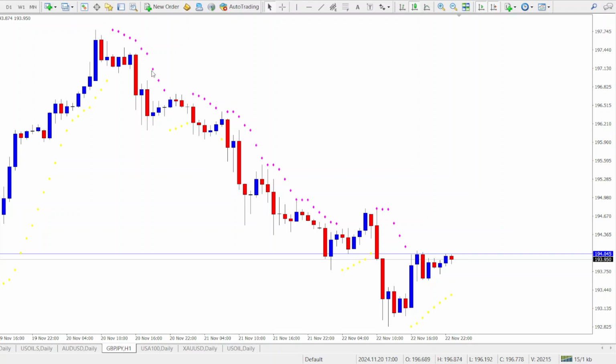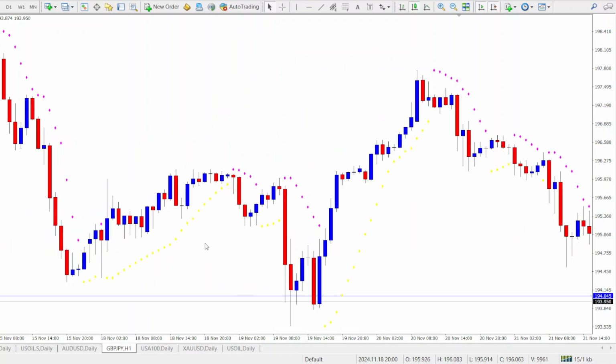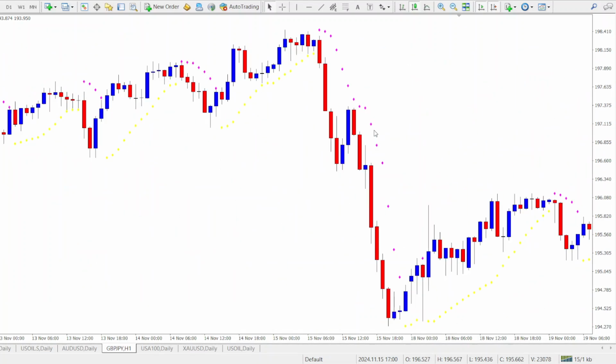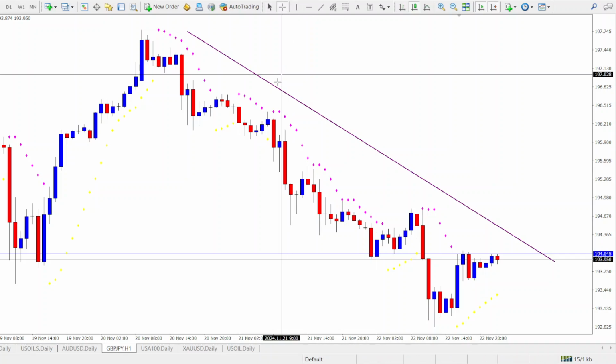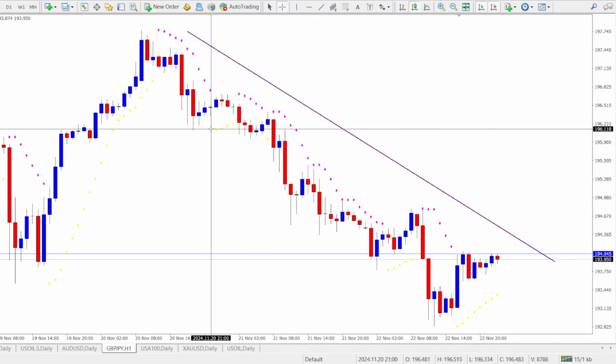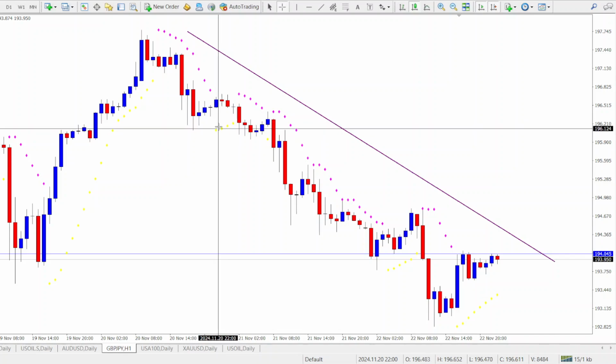You understand? So if you are trading against the trend, for example, let us see here. Let's just use this. This is a sell trend. If you are trading against the trend, once the indicator just identifies a move, the signal will appear. So here you can see that the signal appeared around here.